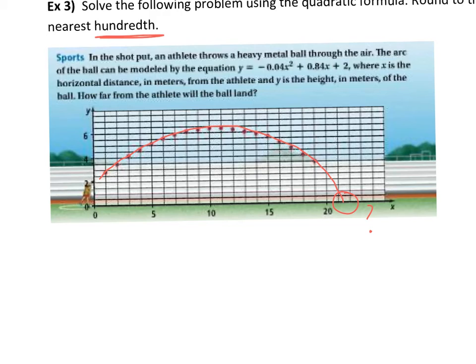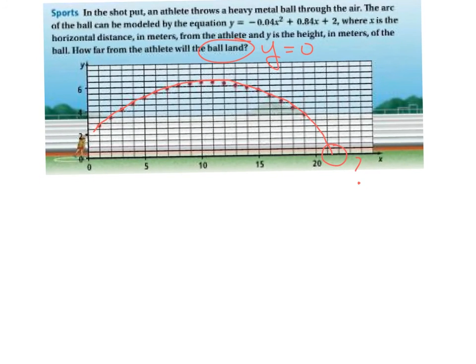Okay, all right, now the nice part about this is they've already given us the equation up here, and if it's saying the ball is going to be landing, that means my y value will be 0. Okay, where's it landing? It's landing on the ground. The height of the ground is 0. So I'm just going to plug in 0 for y. So I have 0 equals -0.04 x squared plus 0.84 x plus 2.